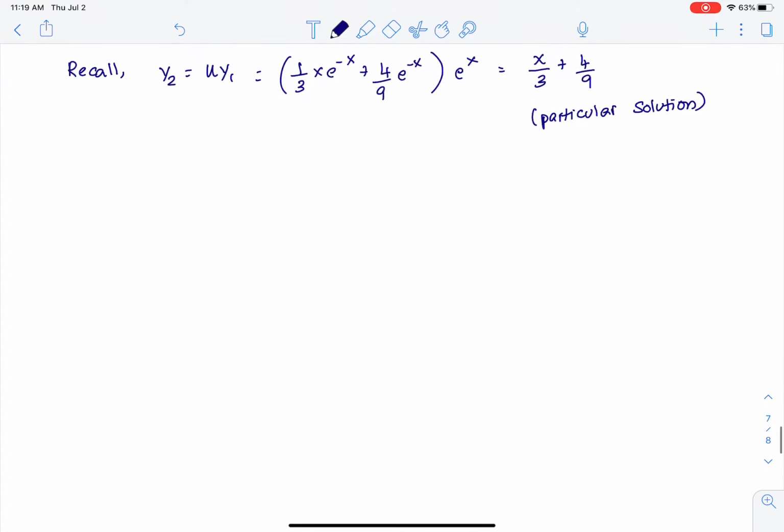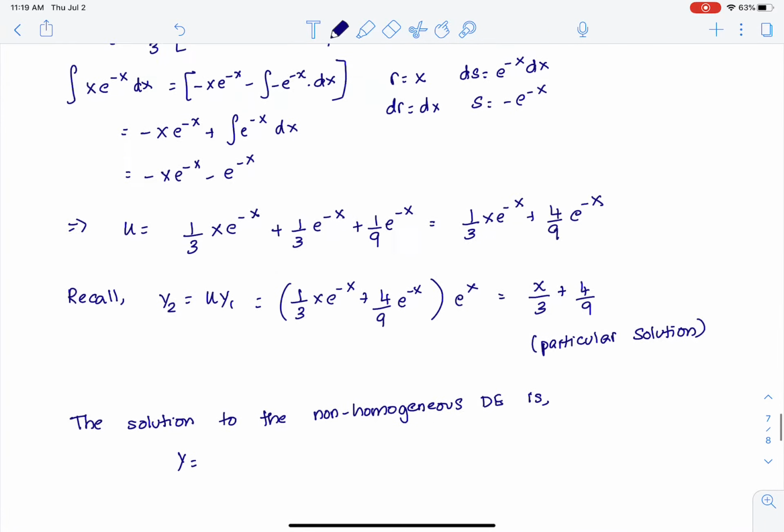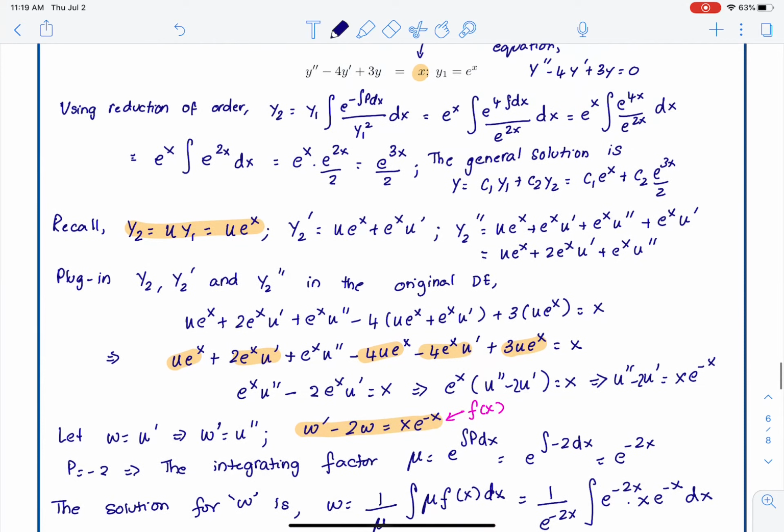So the final solution would be the sum of the general solution, which we found earlier, and that is right over here.